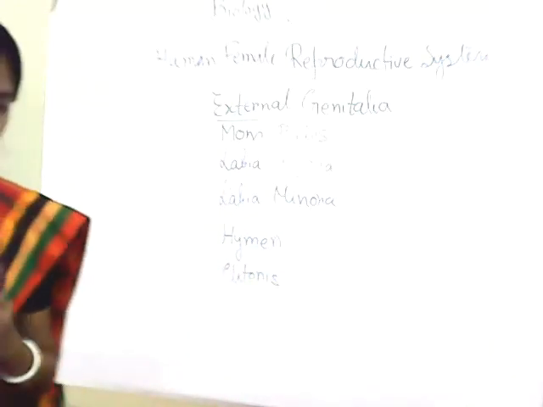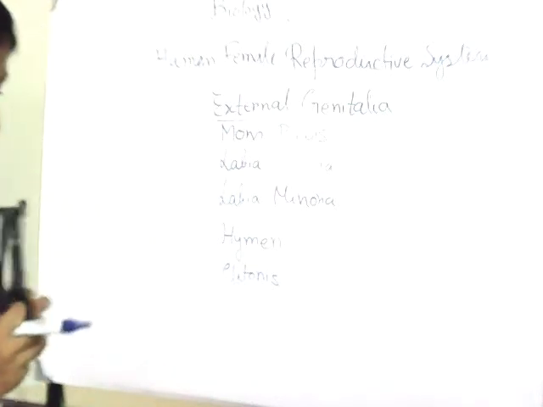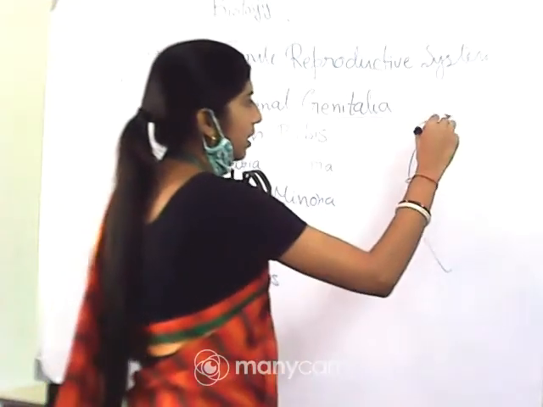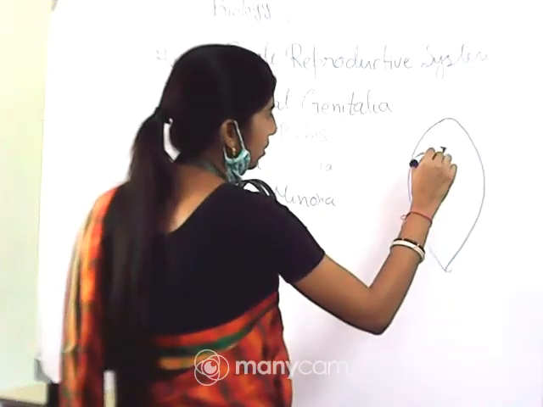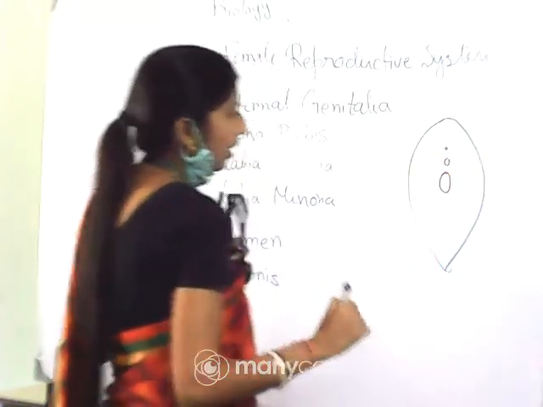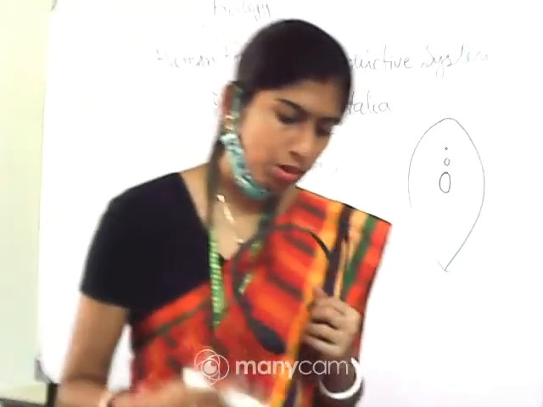Okay, so the female external genitalia includes mons pubis, labia majora, labia minora, hymen and clitoris. First I will tell you about the mons pubis.